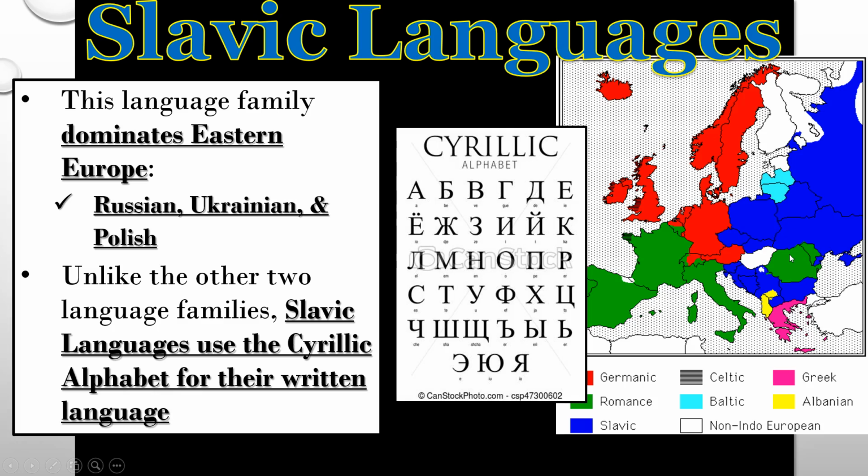And if you look on the map, you can see that so many countries are colored in blue for Slavic. All of those countries that used to be part of the former Soviet Union are part of that Slavic language group, even though they each have their own language. The main ones that you need to know are Russian, Ukrainian, and Polish, but it's pretty much all over Eastern Europe.